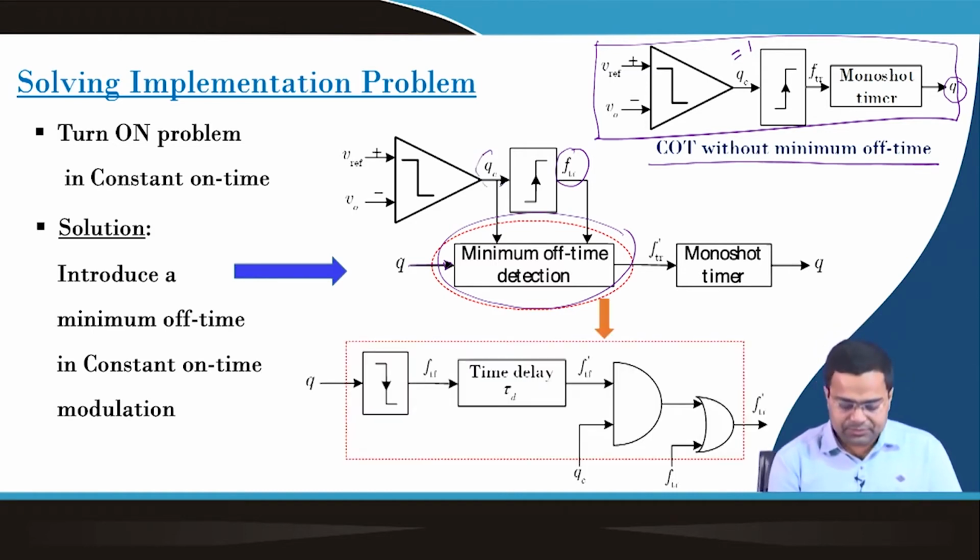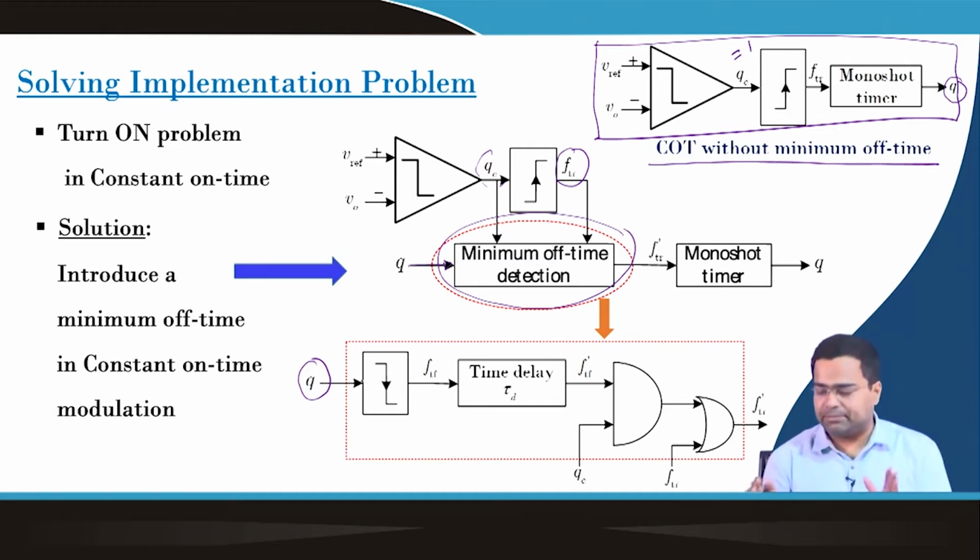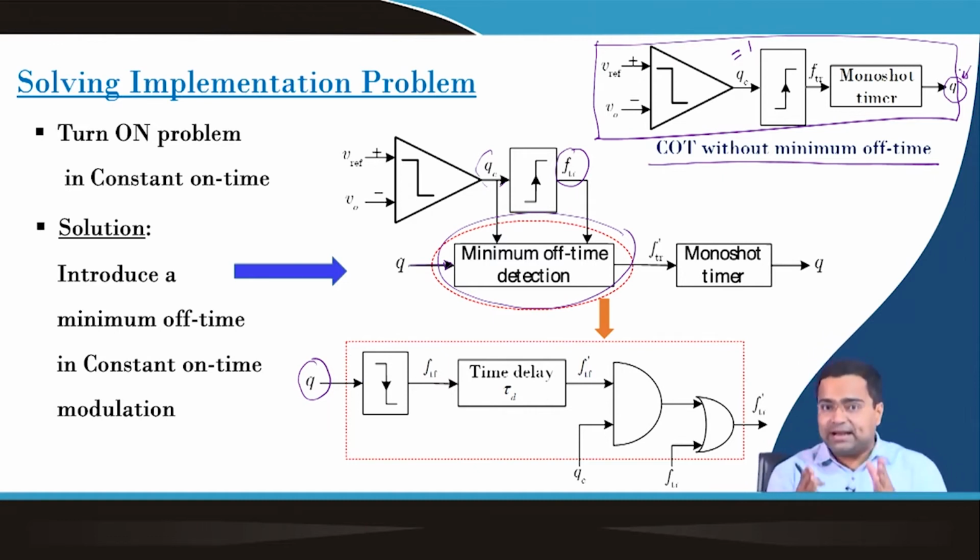Then what does it do? First it is checked: when the monoshot timer completes its counting, that means the on time has elapsed and the switch turns off, it detects the negative edge, creating a falling edge that is delayed by a time delay tau d.